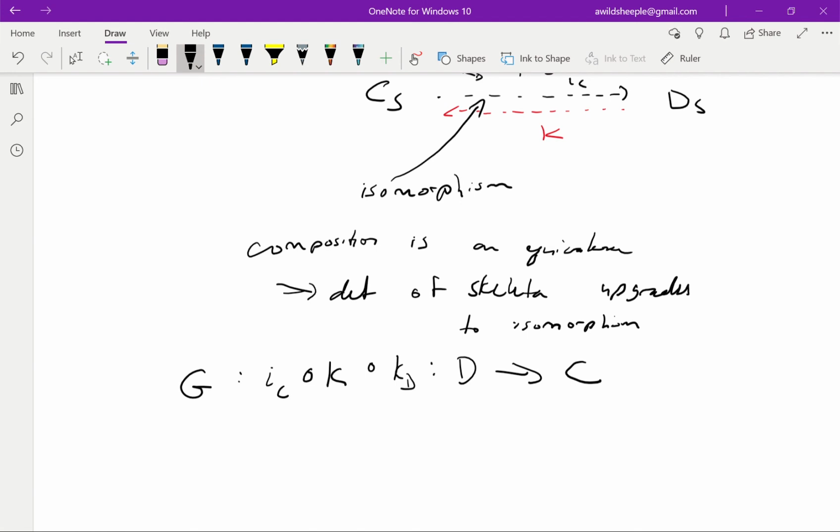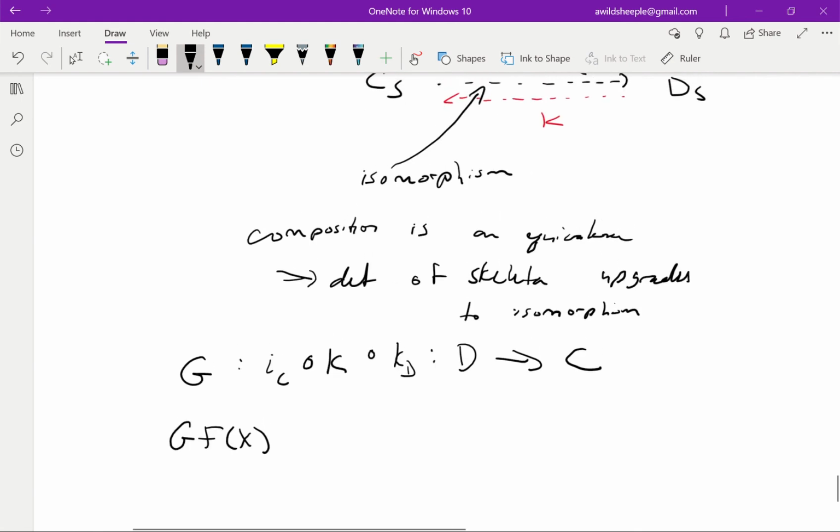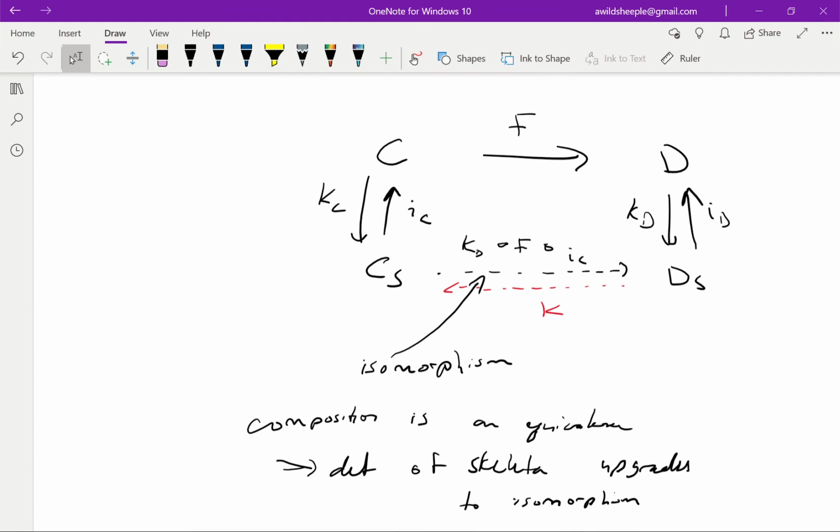And so now let's think about what happens when we look at GF of X. This is a long composition, but we can see what it does graphically here. We take our object X, and we map it over to D by F. Then we descend to its isomorphism class in the skeleton.